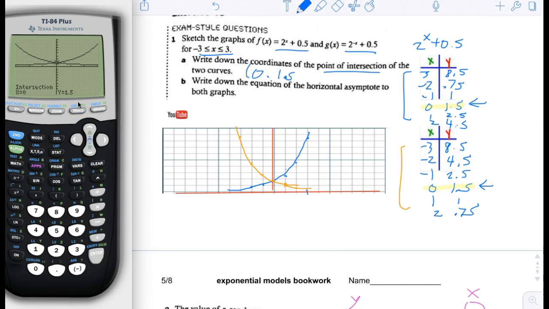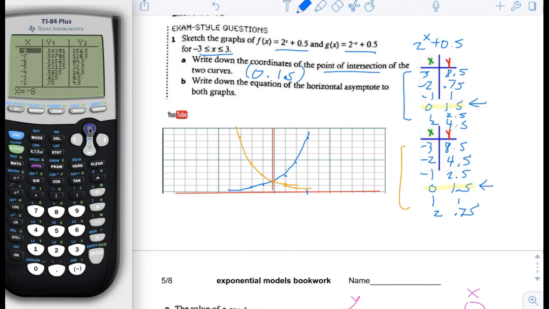Next step is to find the horizontal asymptote of both graphs. So again, the best thing to do is to look at the table. If we look at this table, we can see that if we go this way, y1 just gets really big. So we want it to approach a number. In order to do that, we're going to have to go in the negative direction.